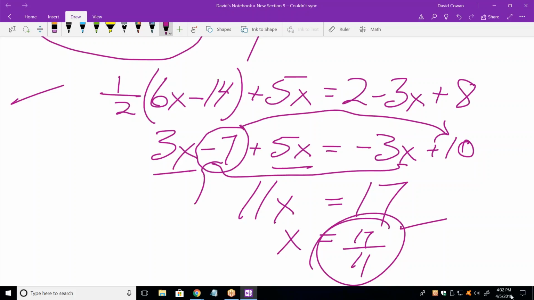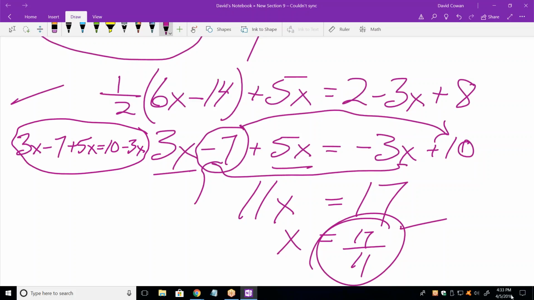Go ahead and read off A to me. A is 3x minus 7 plus 5x equals 10 plus minus 3x. Is that what we got? Right here, in this row right here.